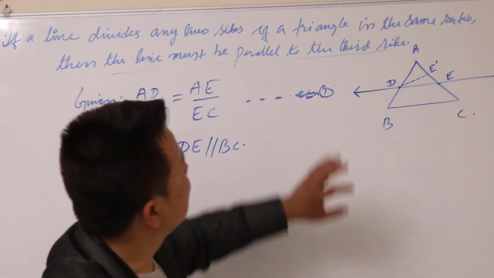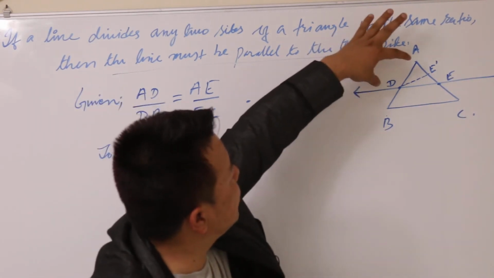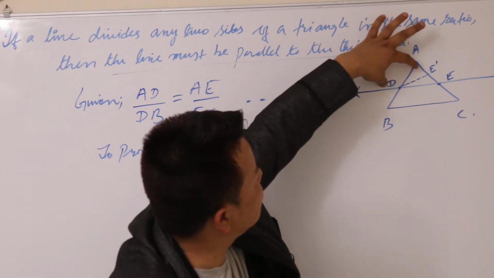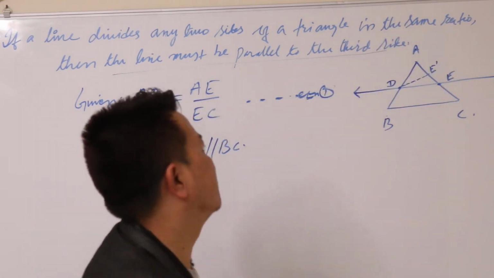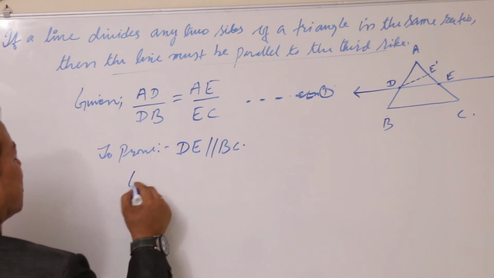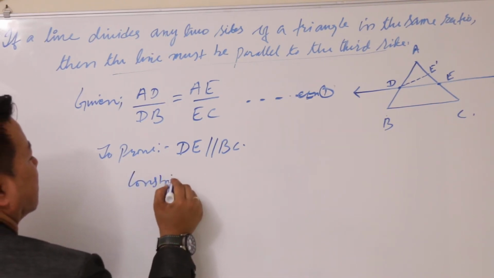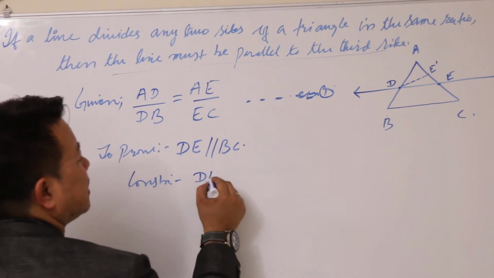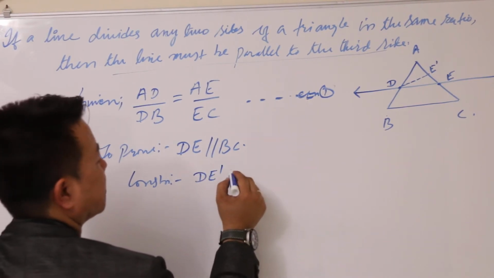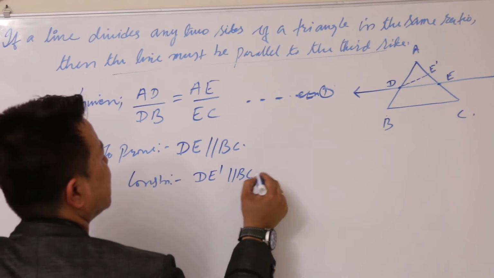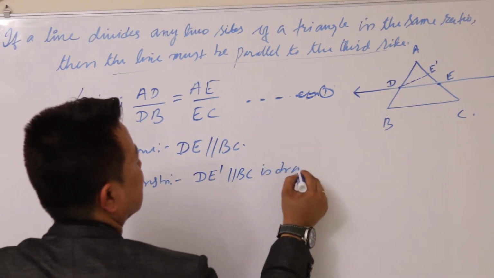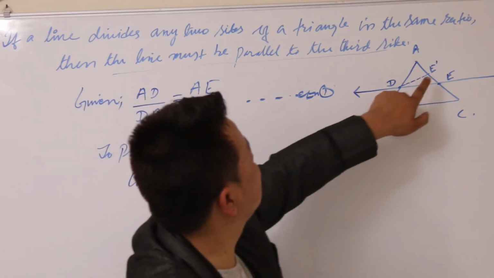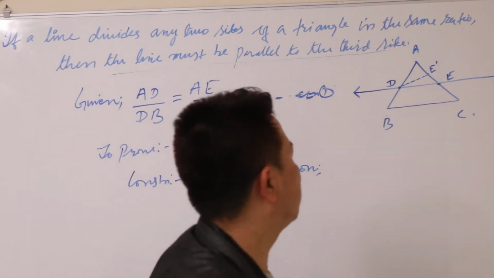Now we have to imagine that DE dash is parallel to BC. So in construction you have to write: DE dash parallel to BC is drawn.